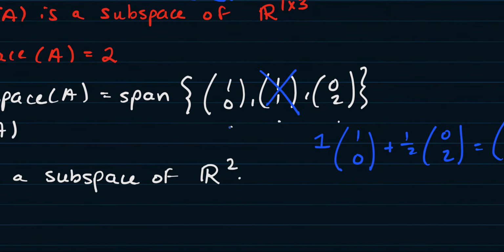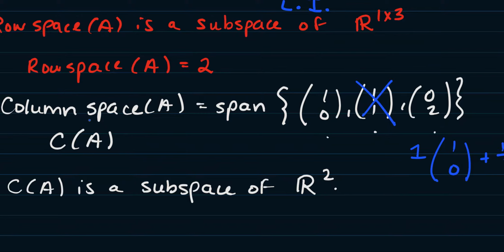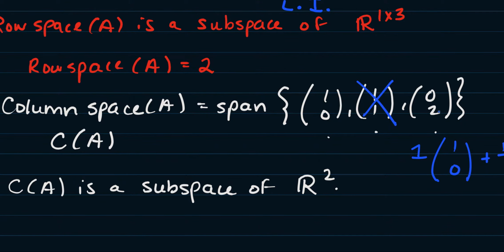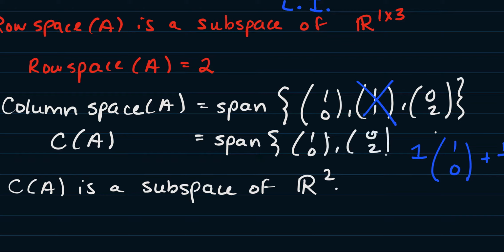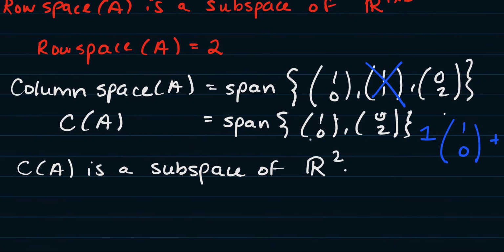So let's get rid of it. So the column space is the span of these three vectors, but if I get rid of this, I don't change the span. So this is equal to the span of just 1, 0, 0, 2. Now these two vectors are linearly independent, right? I can't get 0, 2 from this one. So we have two vectors that span the column space.